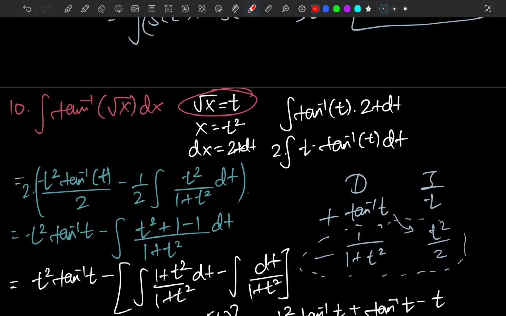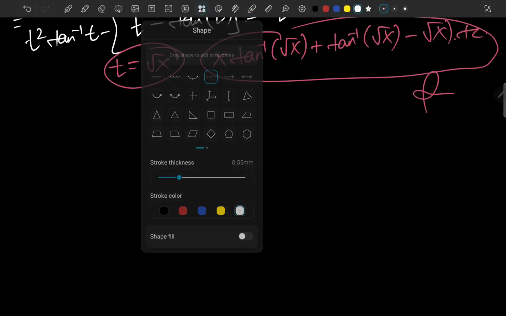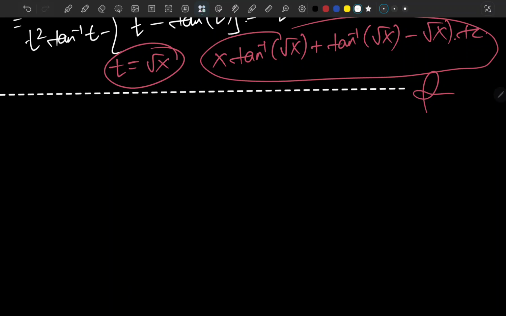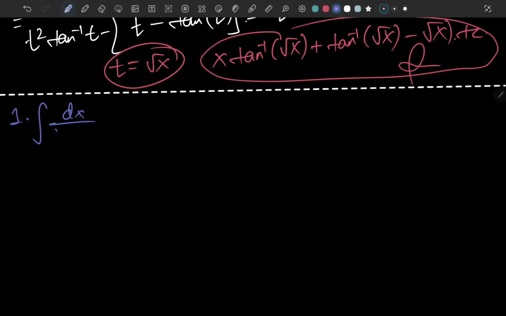Now I'm just going to draw a boundary here, because we have done the first type of integrals pretty far now. These questions weren't asked in MCQ type questions. So now the first integral is dx over 9 plus 4x squared.